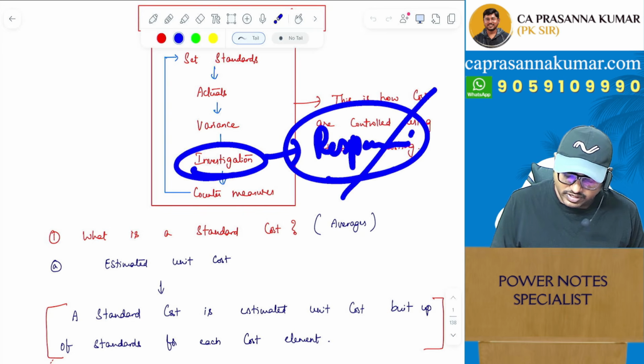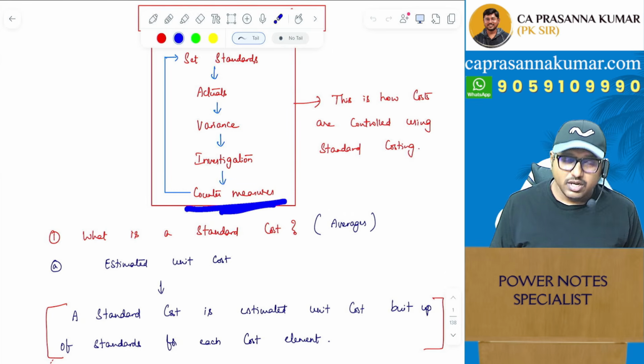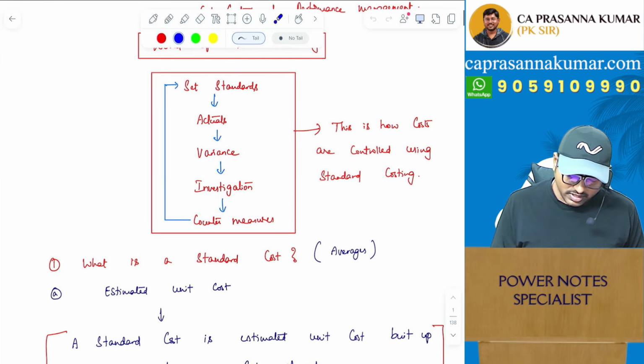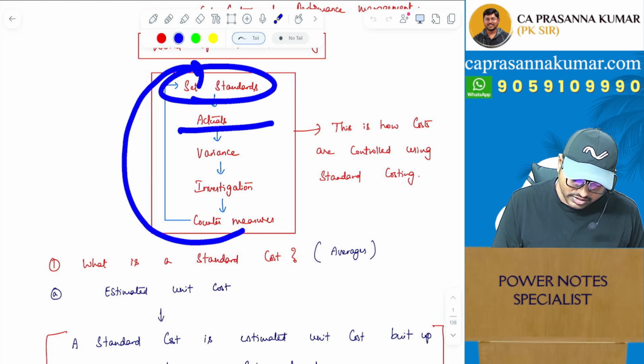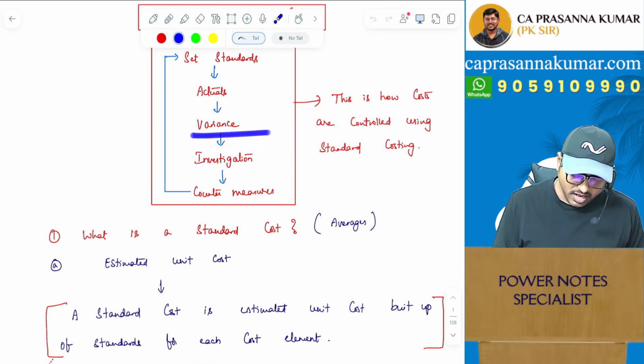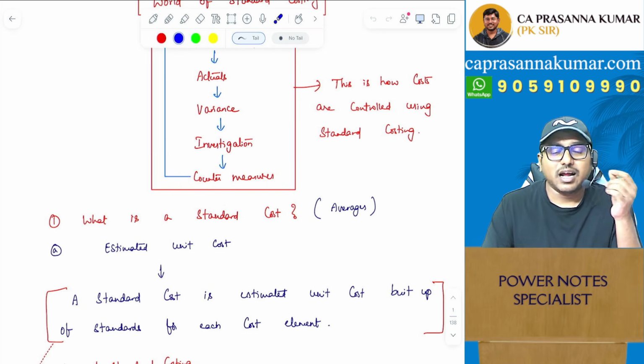Remember this word, this is very important: the person who is responsible for the variance. Then action will be taken upon him, which we call a countermeasure, to ensure that they don't repeat the mistake. Again you set the standards, again actuals happen, again the variance is investigated, and countermeasures are taken so the mistake is not repeated.